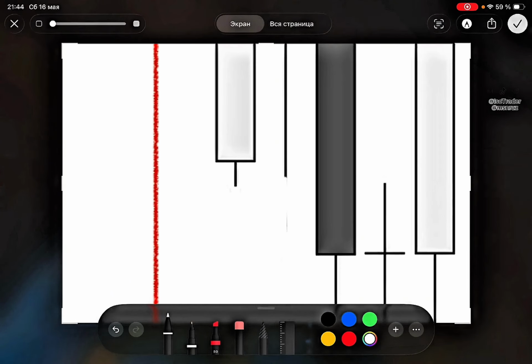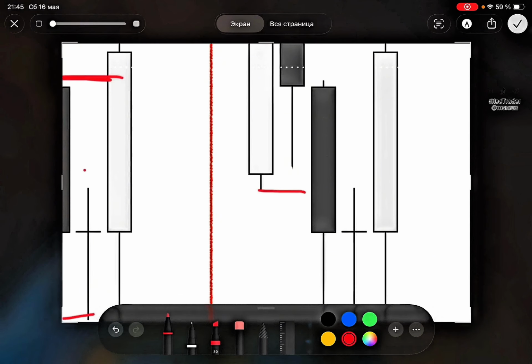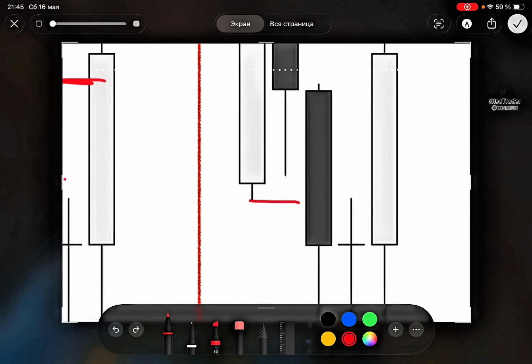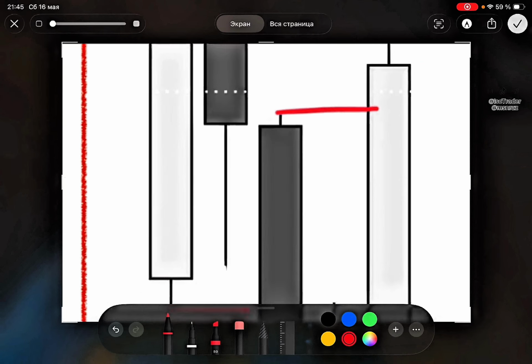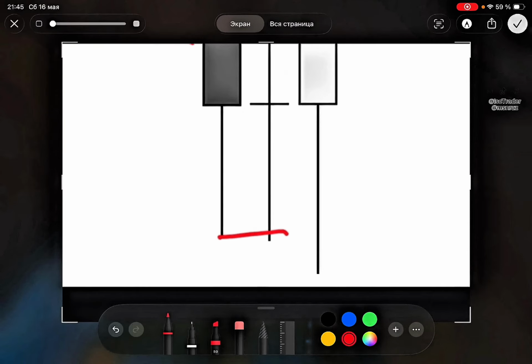If this second candle had been in a range state, if it had just remained in a range state like that, we could have considered this exact candle as a CRT candle. CRT high, CRT low.